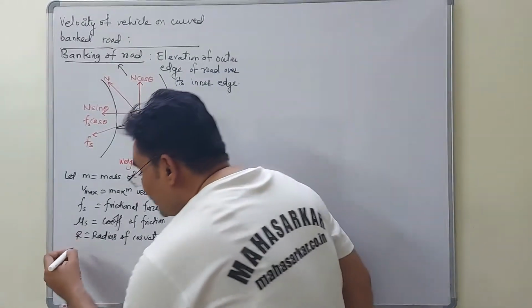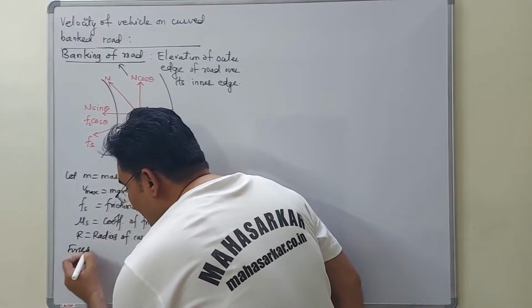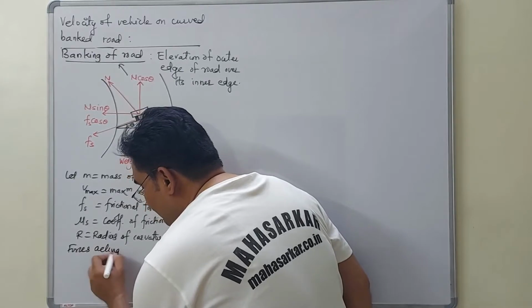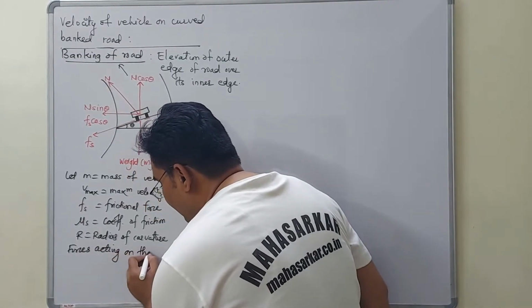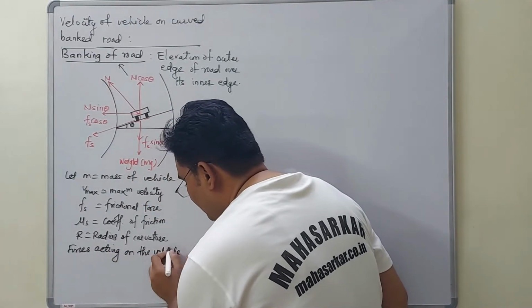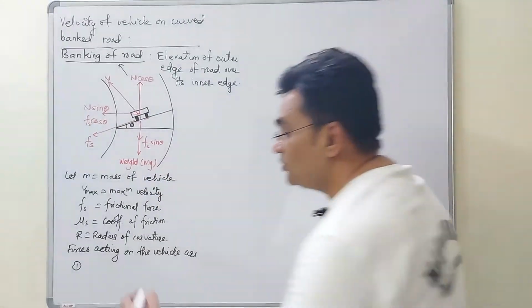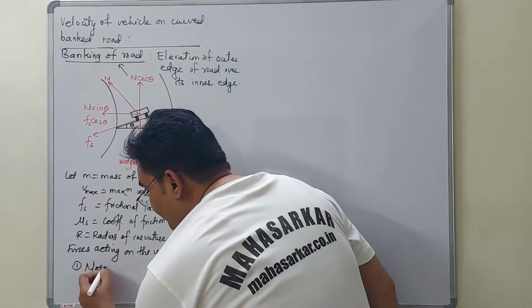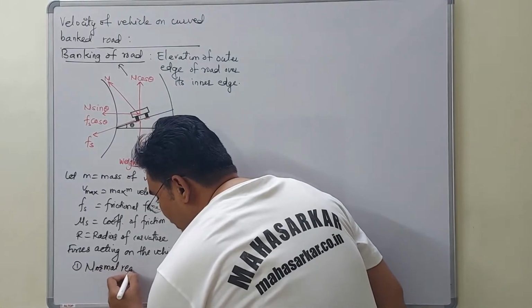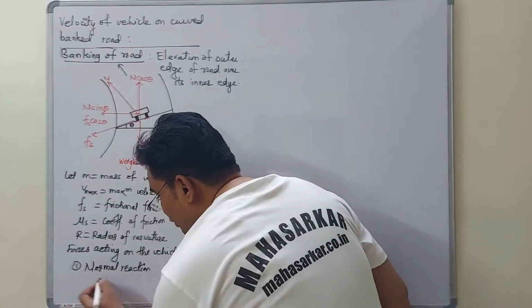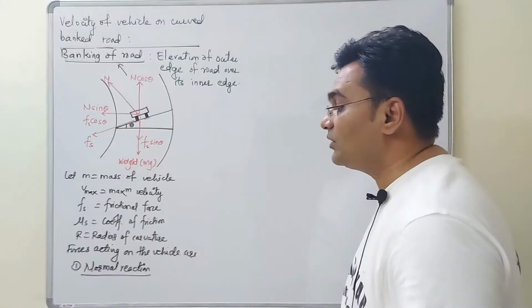So the forces acting on the vehicle are: first force is due to normal reaction, and that normal reaction, as we know, is caused by the weight of the vehicle or weight of the object.